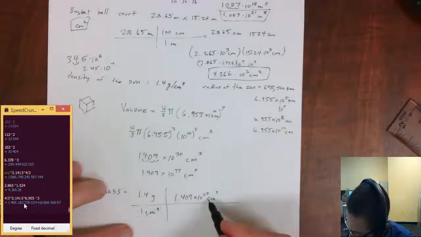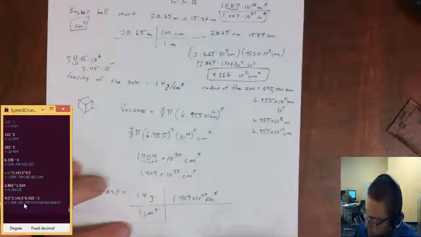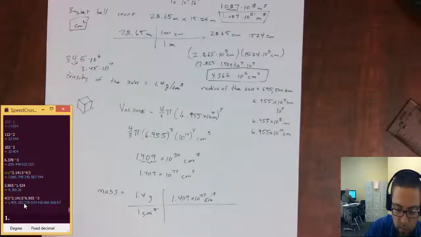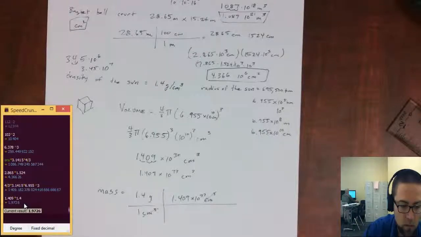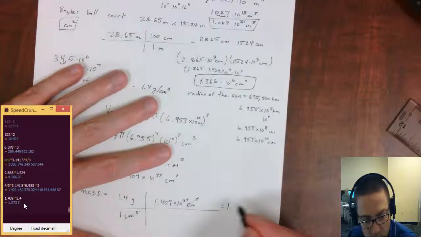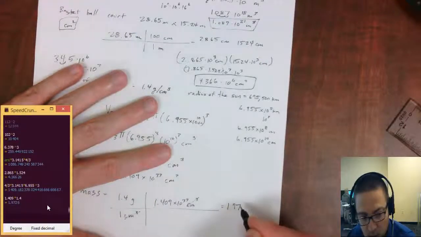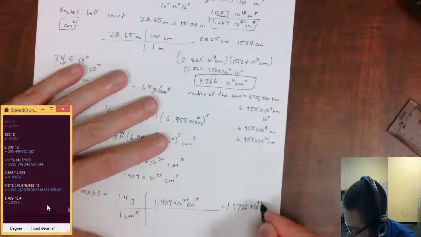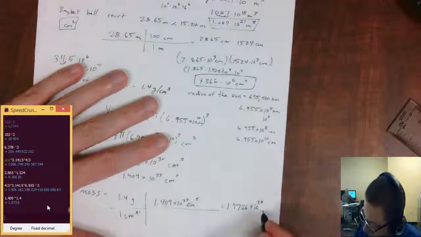Alright, so centimeters cubed cancel, and I'm going to be left with grams. So all I have to do is multiply 1.4 times 1.409, and it comes out in scientific notation. So 1.9726 times 10 to the 33rd grams.